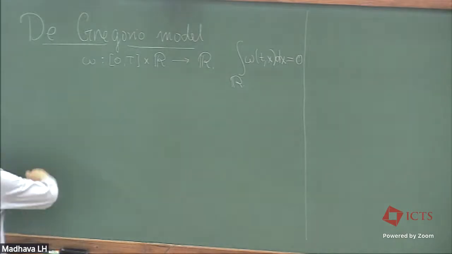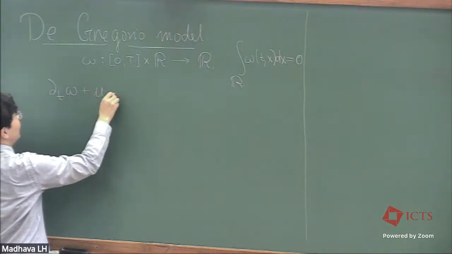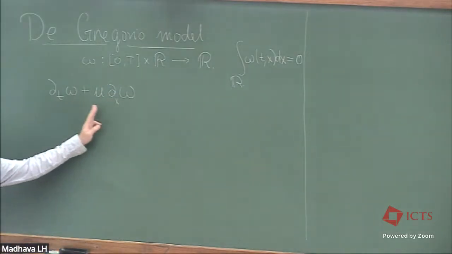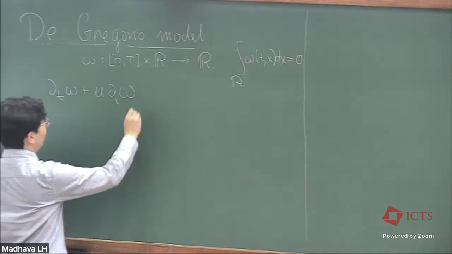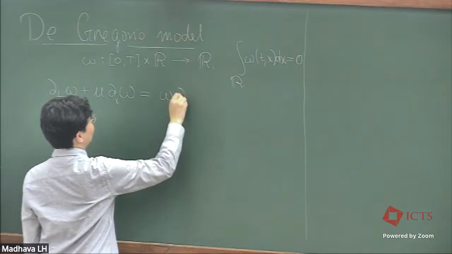And here is the equation. Partial t omega plus u dx omega. So this is transport equals omega dxu.